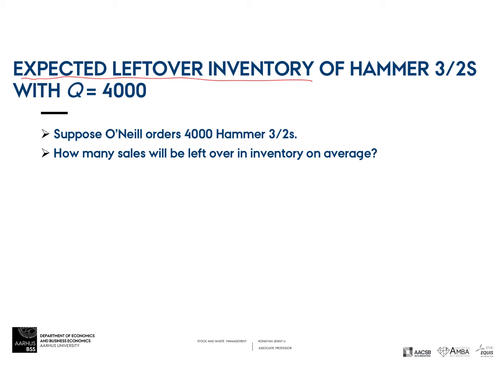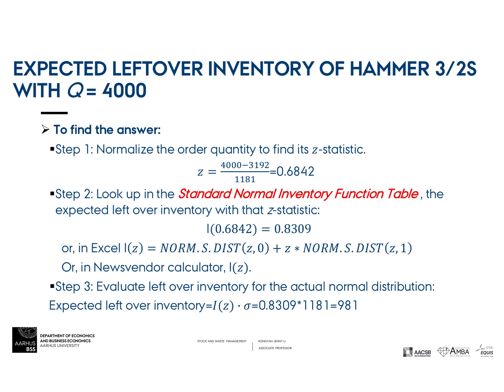So we just change this into how many units will be left over in inventory at the end of the selling season on average. Similar to the calculation for the expected lost sales, we also need to go through 3 steps.